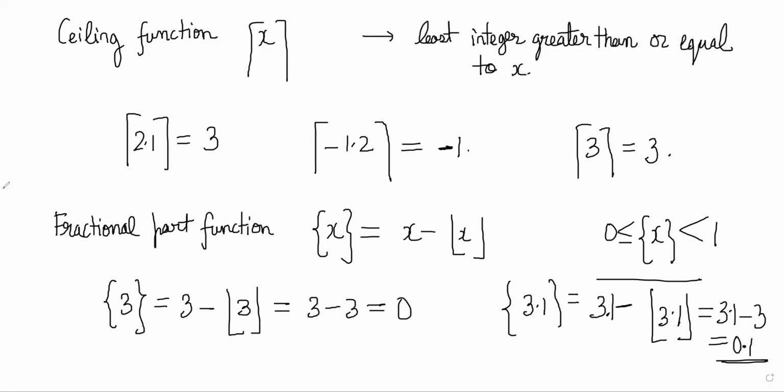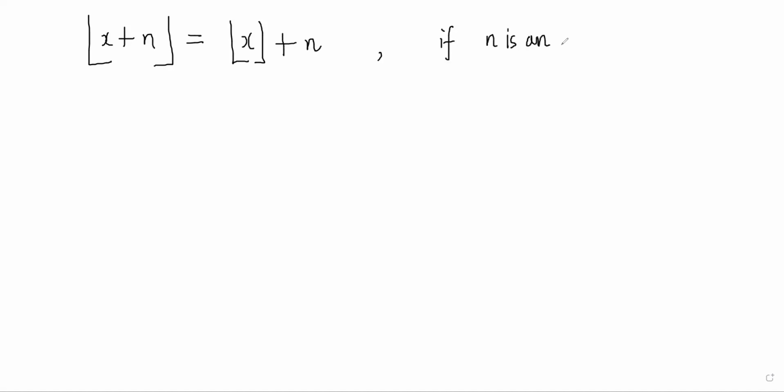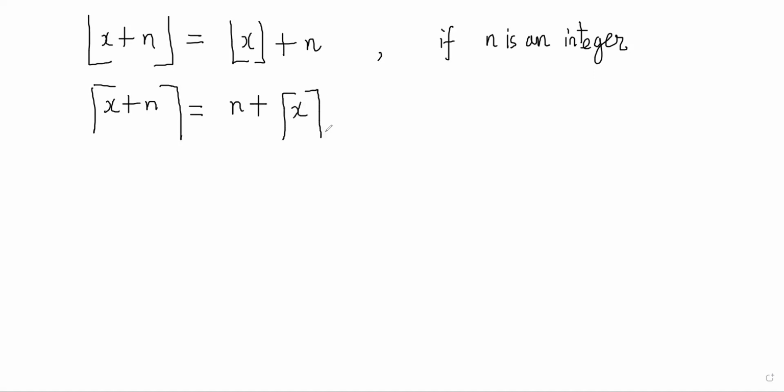Now, a couple of properties that you should know about these functions are the following. The floor of x plus n is equal to floor of x plus n, if n is an integer. Similarly, the ceiling of x plus n is equal to n plus the ceiling of x, if n is an integer.